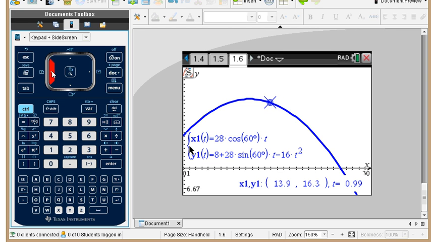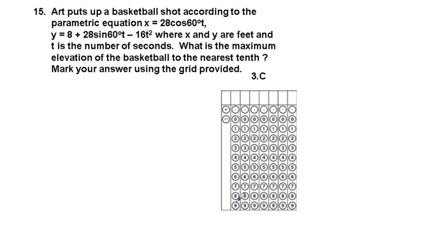So we get to 16.5, 16.7, 16.9, 17, 17.1, 17.2. So it looks like 17.2 feet is the highest I see, so approximately 17.2. And it says to the nearest tenth, so that's going to work out. We'll just put in 1, 7.2.